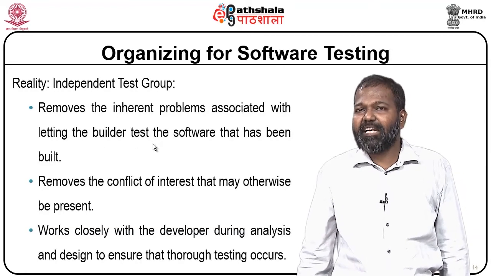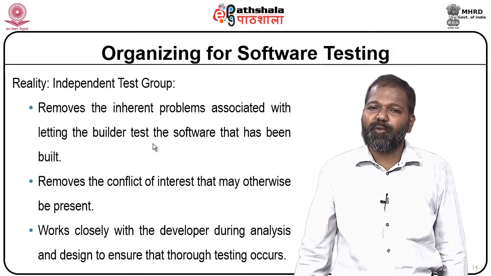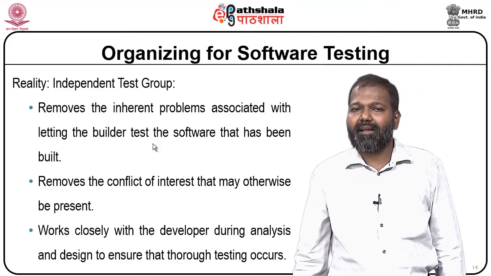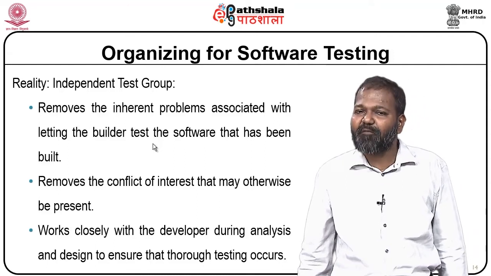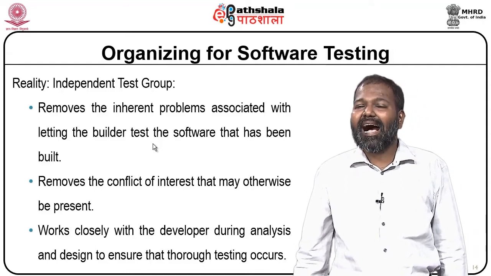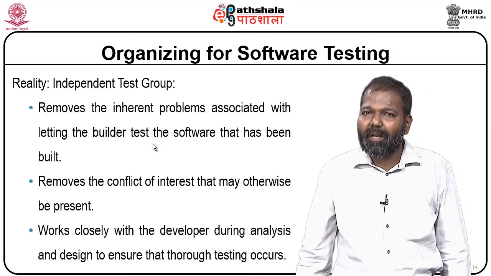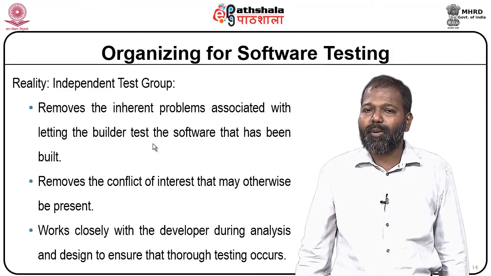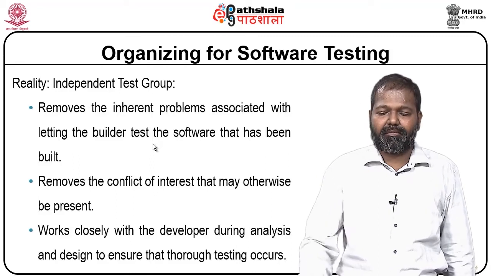Reality: independent test group removes the inherent problems associated with letting the builder test the software that has been built, removes the conflict of interest that may otherwise be present, works closely with the developer during analysis and design to ensure that thorough testing occurs.